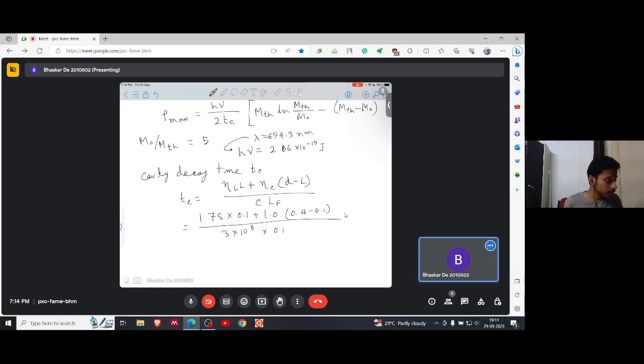Basically L is the length of the ruby rod.